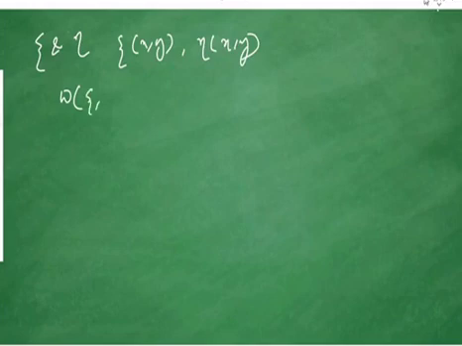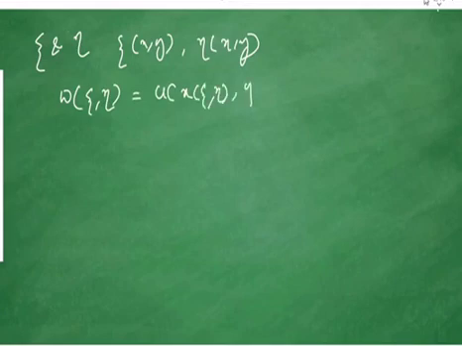w of theta eta is equal to u of x of theta eta, y of theta eta. And for proving that w is the solution of a second order equation of the same type, now our aim is to prove that w is the solution of the second order equation of the same type.